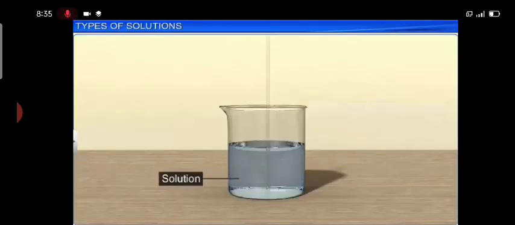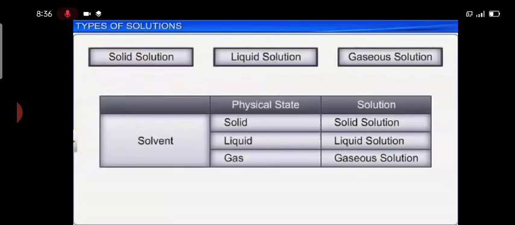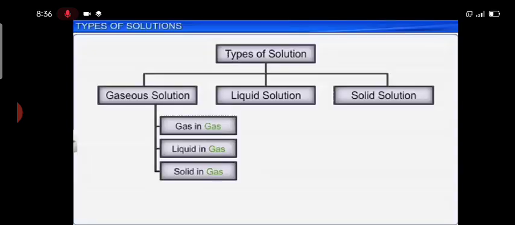Depending upon the physical state of the solvent, various types of solutions can be formed. A solution in which a gas is the solvent and a gas, a liquid, or a solid is the solute, is known as a gaseous solution.